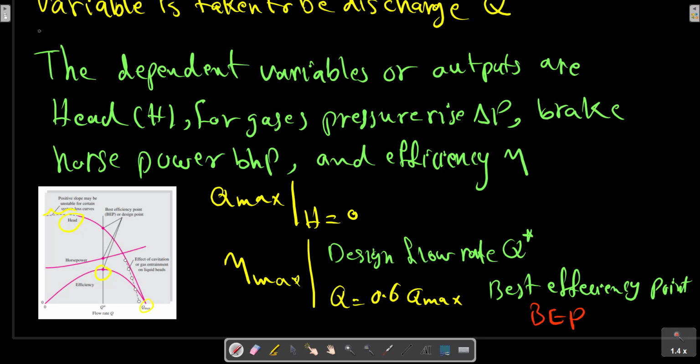The head and the horsepower at BEP will be termed H star and P star.